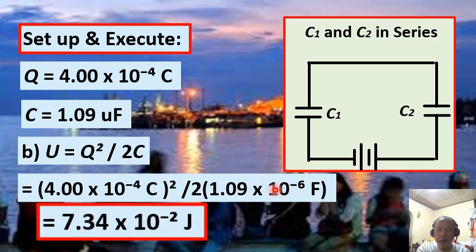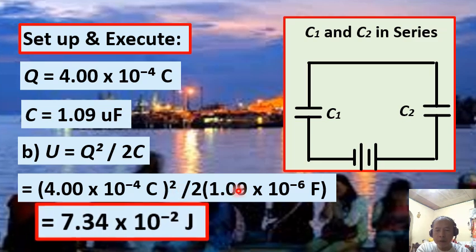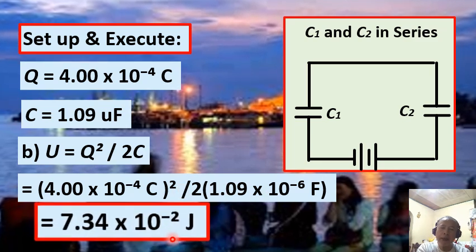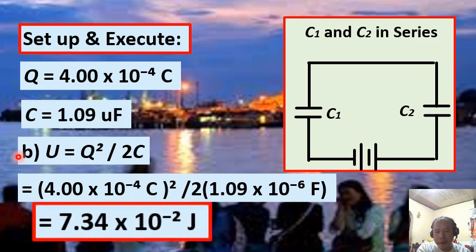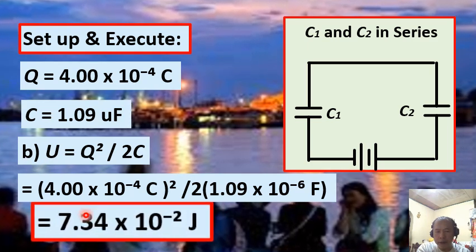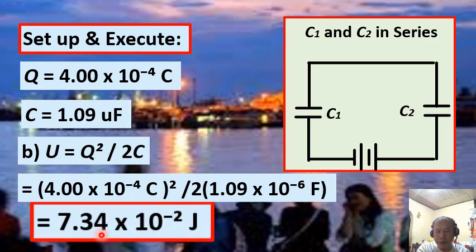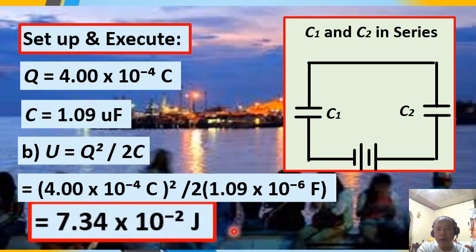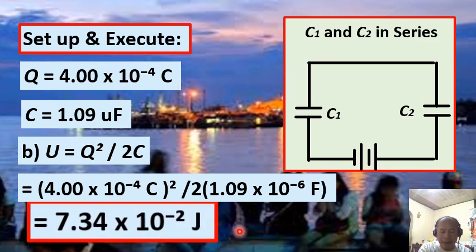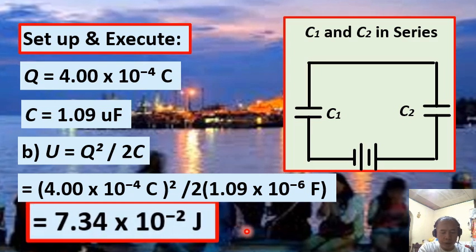When you do your math, we arrive at the value of capital U equal to 7.34 raised to the negative 2 joules, rounded also to 3 significant figures.